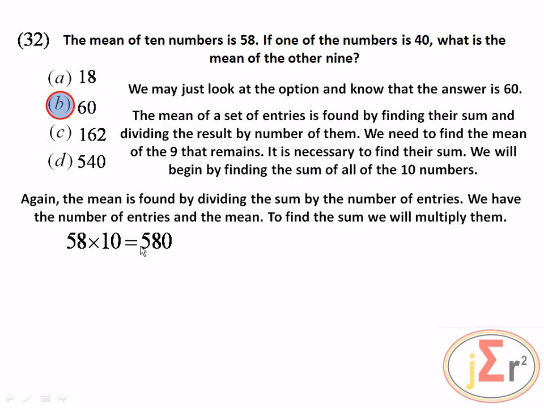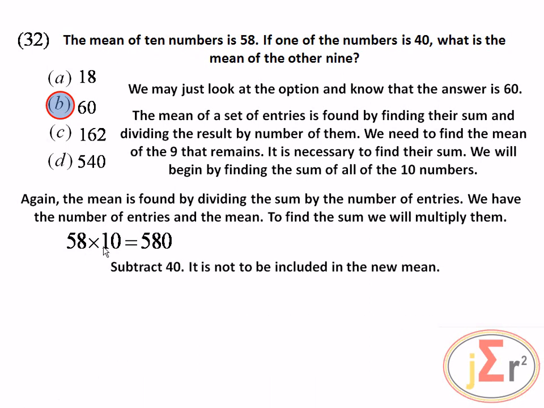Of course, if we transpose by dividing by 10, we will get the mean, which is 58, is equal to 580, which is the sum, divided by the number of entries. So in order to determine the sum of the entries, we multiply the mean by the number of them.